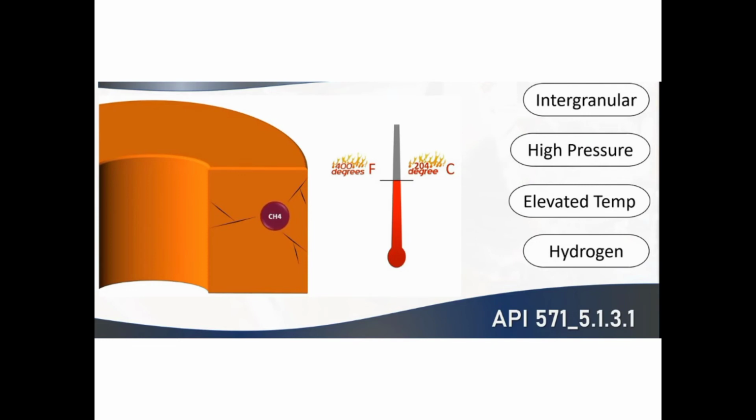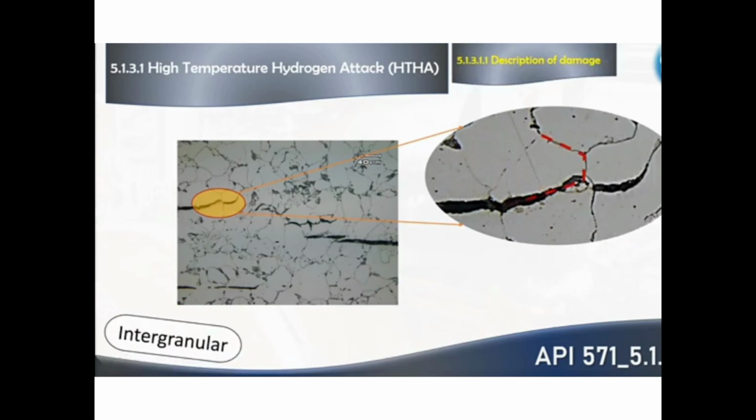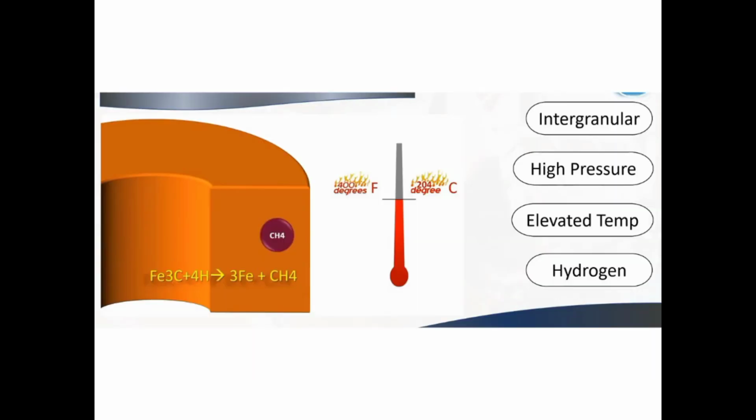So it has no way to go out, so it will create pressure inside the metal structure, and it will ultimately cause cracks. You have seen in your slides that when hydrogen becomes trapped inside the metal structure, it will create cracks, which we have seen at micro level, that this condition will occur after methane creation.